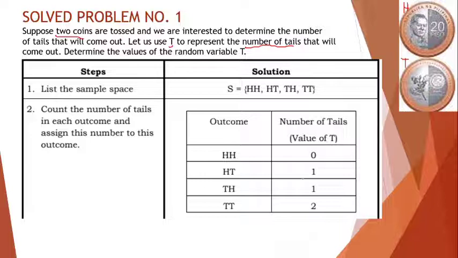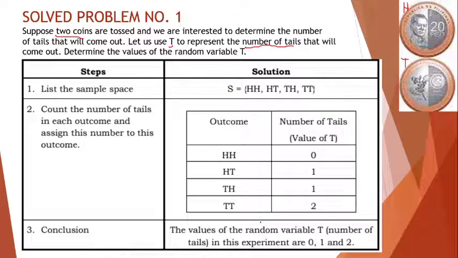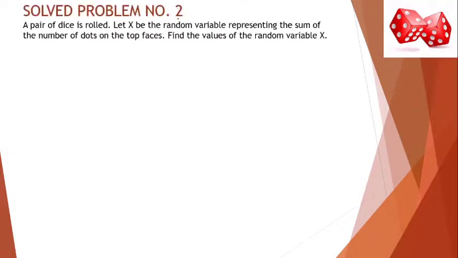No. So only one, and this is two. Conclusion: the values of the random variable T, the number of tails in this experiment, are 0, 1, and 2. Remember this number of tails because we are going to expand this in our solved problem number 3. But for now, let us proceed first to solved problem 2.